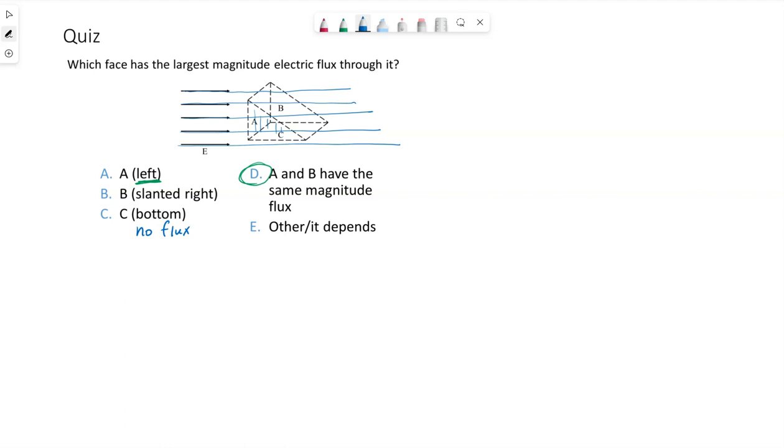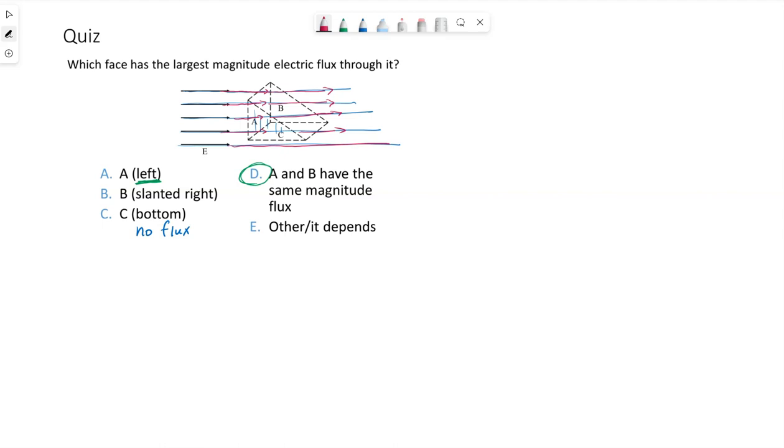Okay. Now, as we look at this top line, it's going to come in through A, but then it comes out through surface B. That's going to be true for the second one. It's going to come in to A, out through B. Same with the third one, in and out, in and out. This bottom one is the only one that does not go in or out.